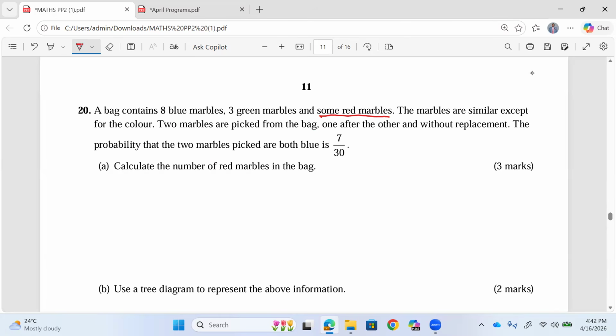Then from there, we are told that the marbles are similar except for the color. 2 marbles are picked from the bag, one after another without replacement. The probability that the 2 marbles picked are both blue is 7 out of 30.